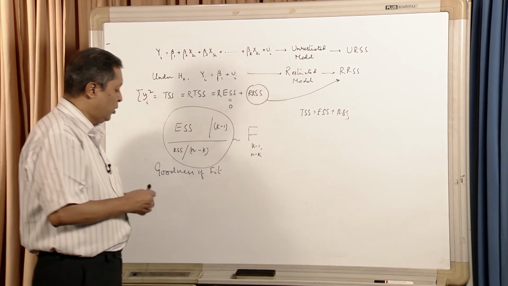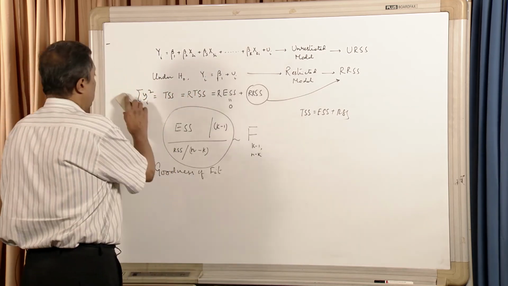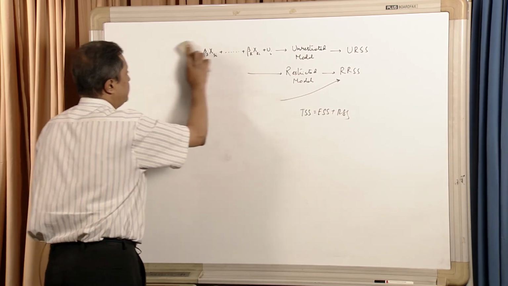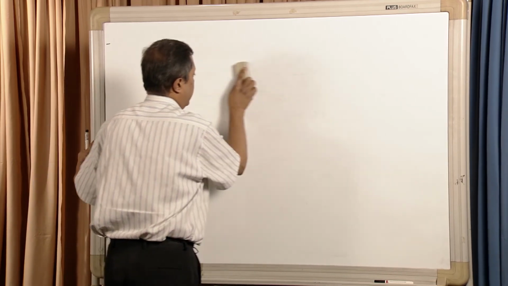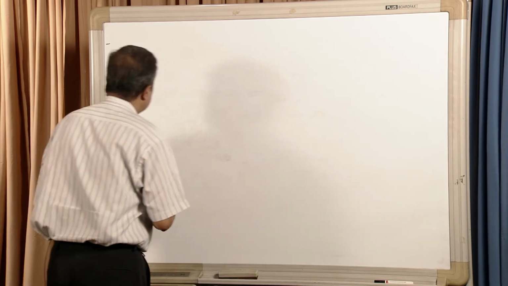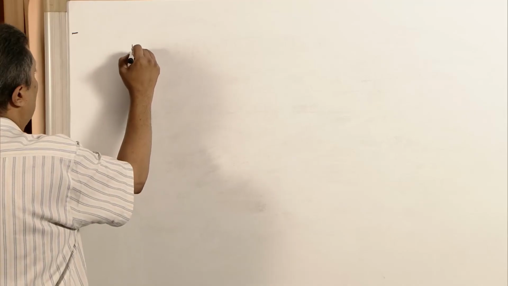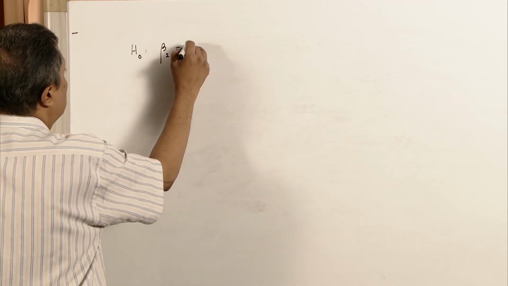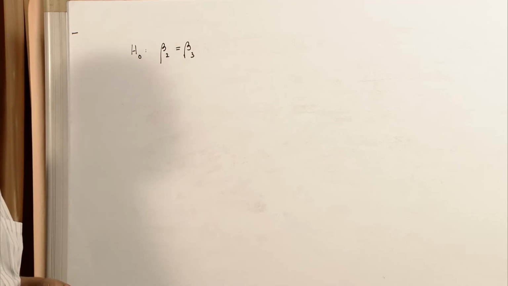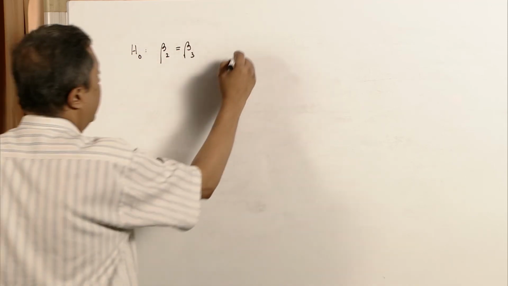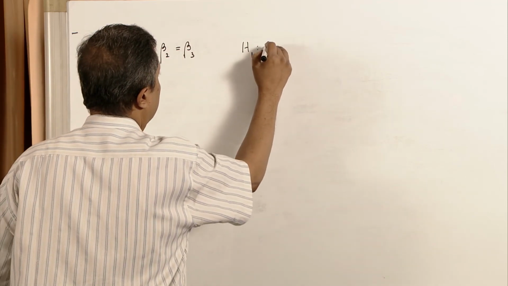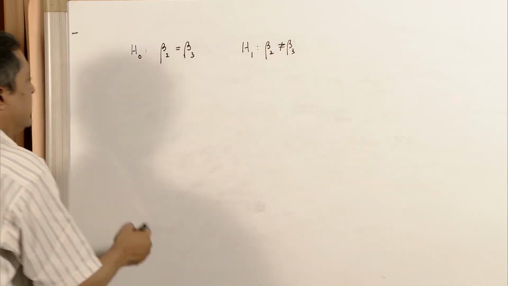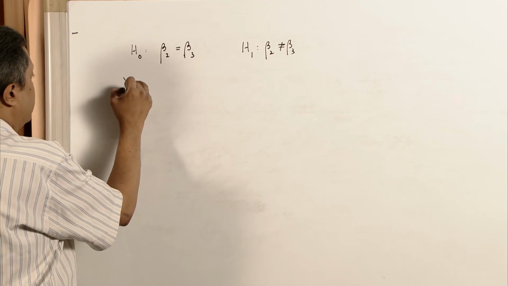Similarly, I am going to show one or two more examples of how we do this restricted-unrestricted approach. Supposing we have H naught: beta 2 is equal to beta 3, and H 1 is beta 2 not equal to beta 3. So, what is the basic model?